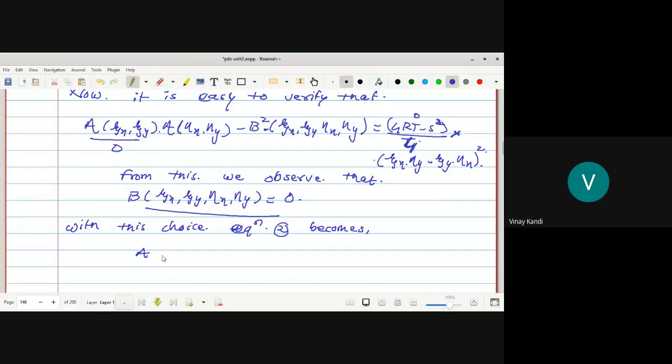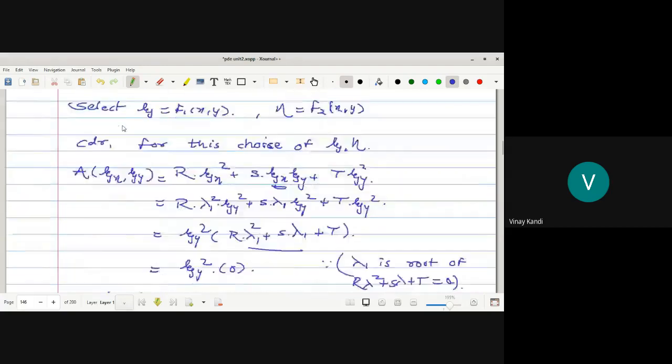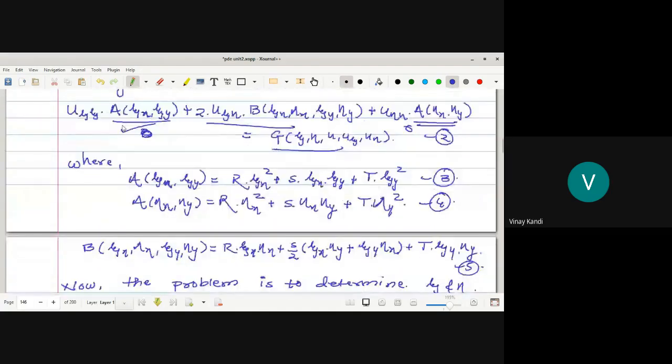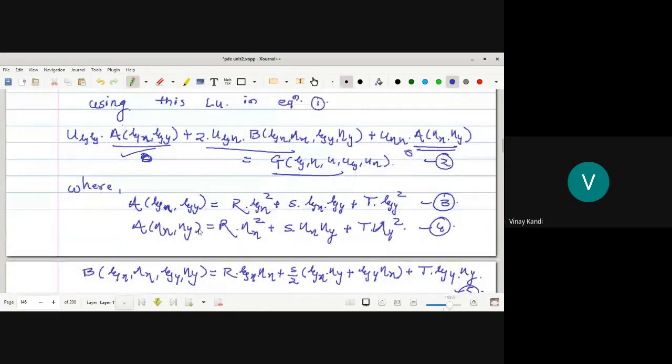Okay, so at last we get A is the function of psi x eta y into, okay, your B also became 0 and this also became 0. Put this value in equation number 2, which one here. Okay, then this is also 0. Okay, this B is 0. What remains here is A into eta x eta y into u eta eta is equal to g.